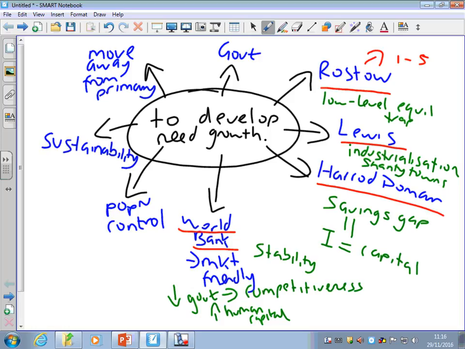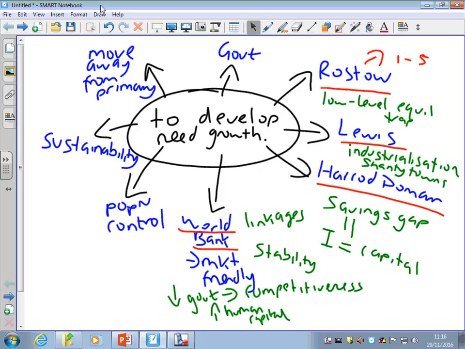It makes them want to invest. The more stable they can make their economy, the better. And the last thing with this one was about global linkages. In other words, opening yourself up to international trade, developing comparative advantages, importing what you can't do yourself. That's the idea anyway.